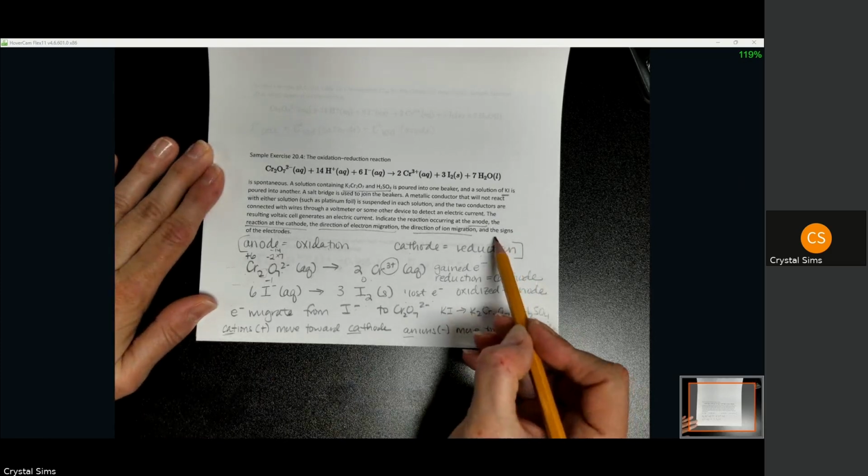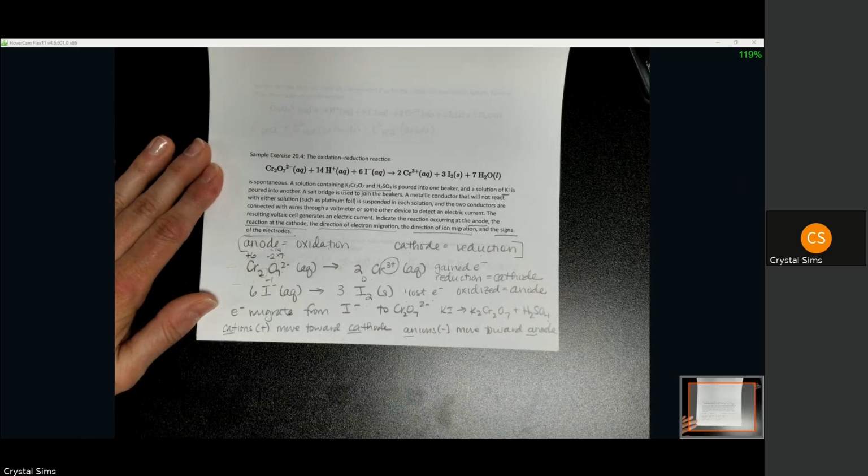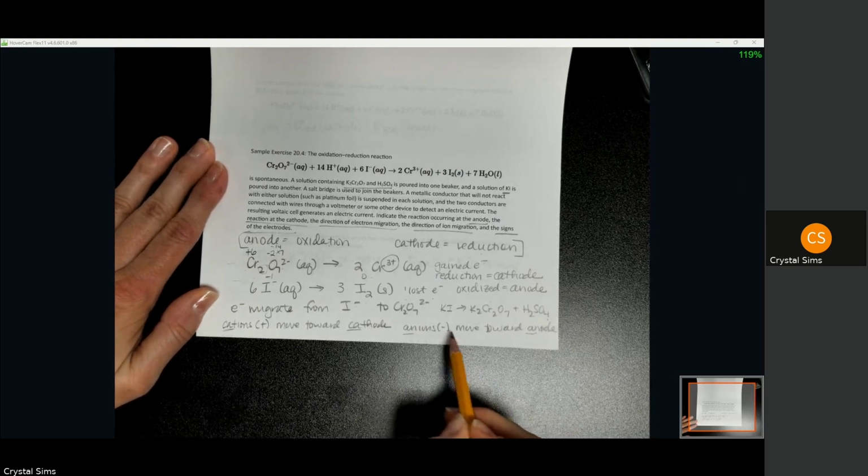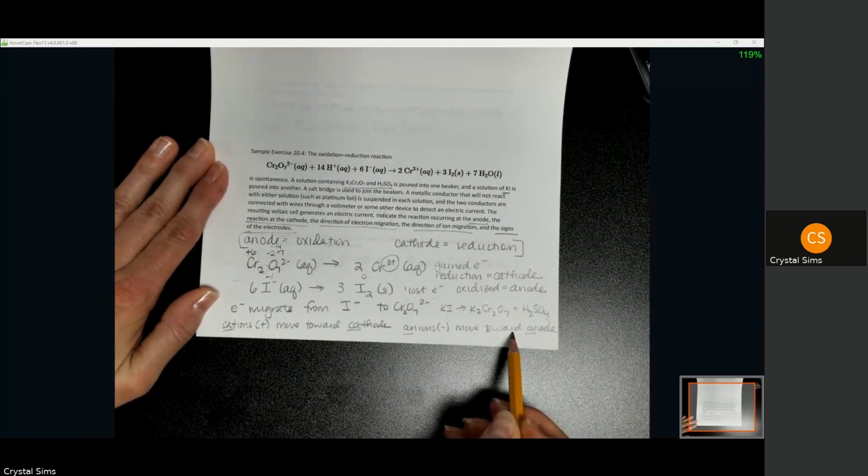Okay, and so that tells us the direction of ion migration. And then the last thing it wants to know is what are the signs of the electrodes? Well, the anode is going to be negative, okay, because the anions are moving toward the anode.